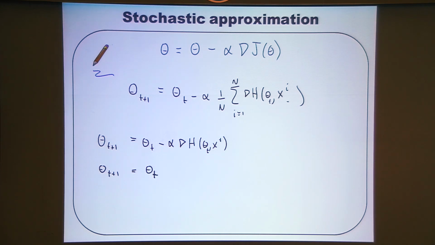But let's now take this, and what I'm going to do is I'm going to subtract grad j of theta, and I'm going to add grad j of theta. And I'm purposely grouping the terms this way.